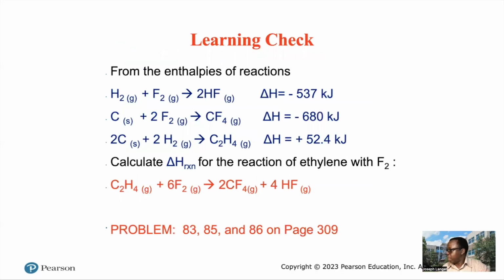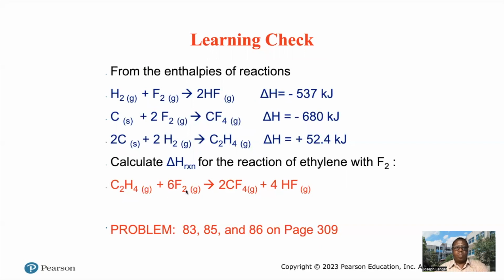Here is another example we can look at. With Hess's law, we'll have to figure out how the overall equation has been obtained from the three thermochemical equations, equation 1, equation 2, equation 3. We are asked to calculate the change in enthalpy for the reaction of ethylene with fluorine gas.